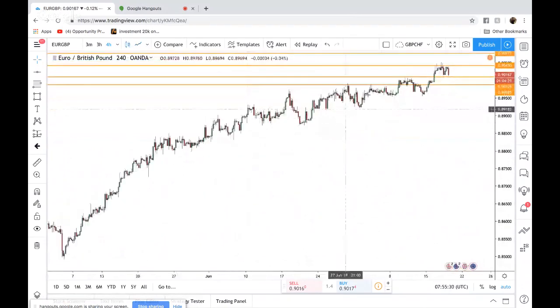As you can see from the past, look at this level right here that the market's been showing you some resistance to. So this next level is going to be really key to see if it really wants to break that.